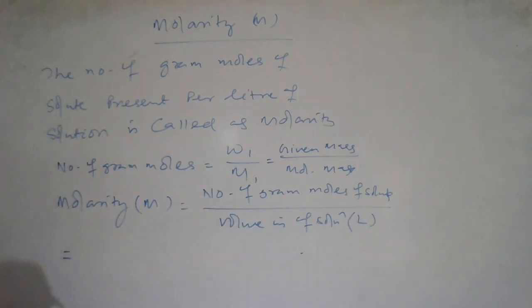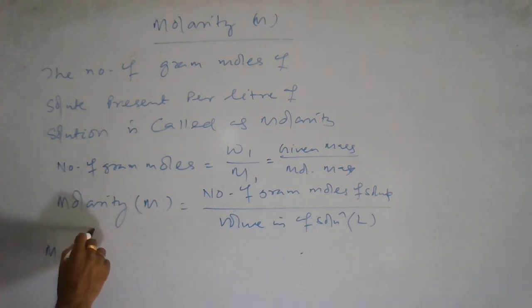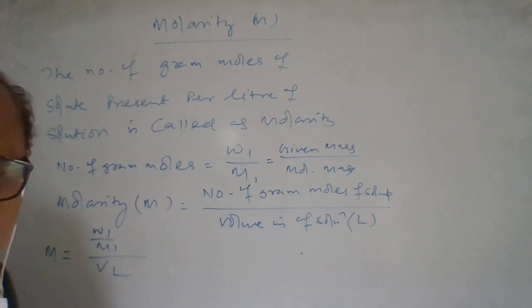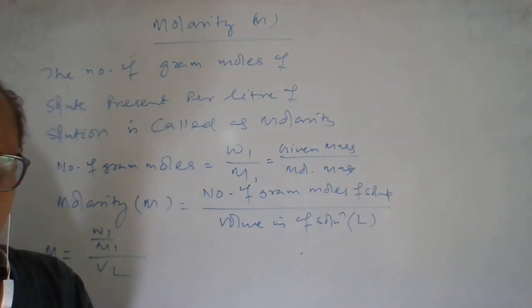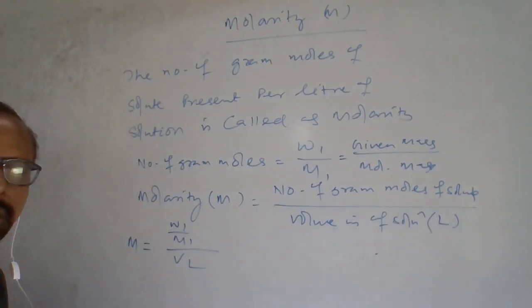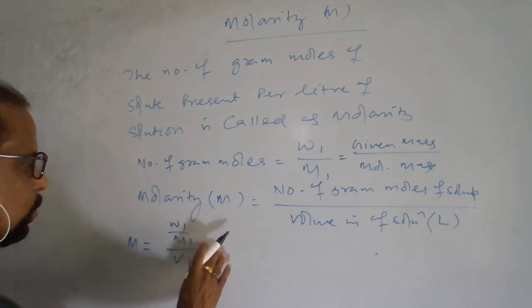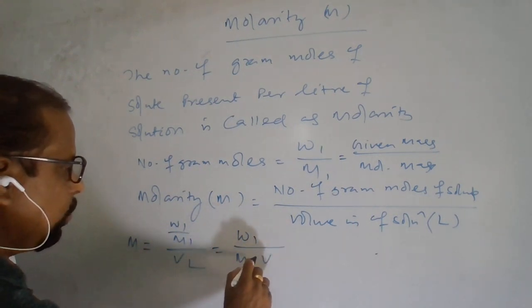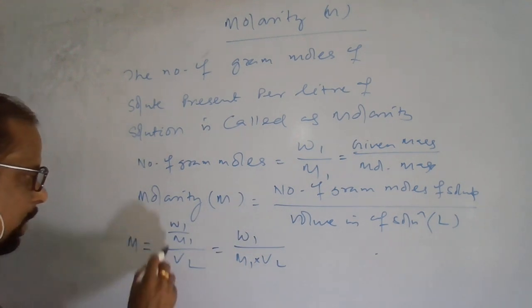So the molarity, capital M, with number of gram moles W1 by M1, and volume of solution V liter, can be written as W1 by M1 into V liter. What is W1?